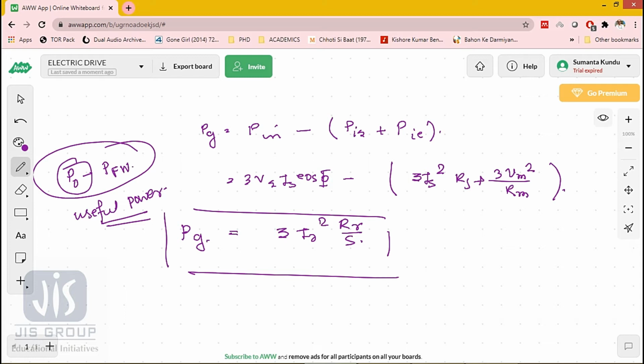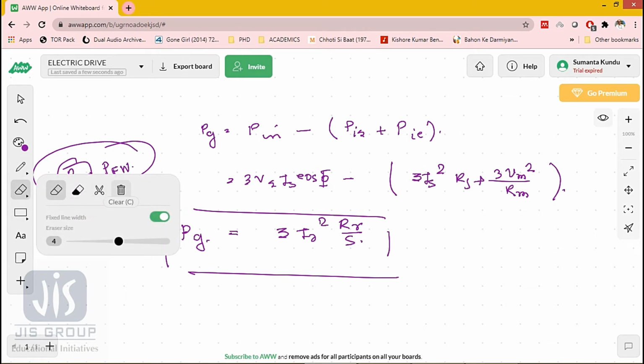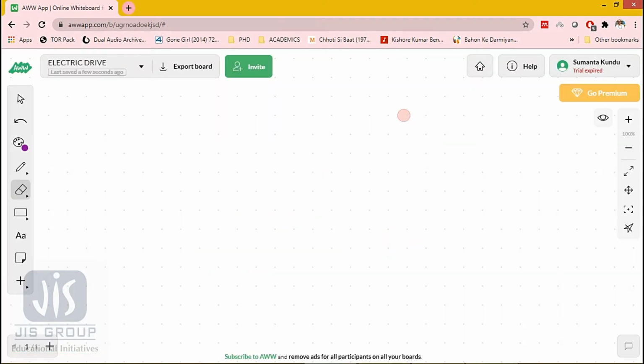Now what is the torque developed? We know that torque Te equals power, that is P naught, divided by omega m, where the rotor speed is omega m.